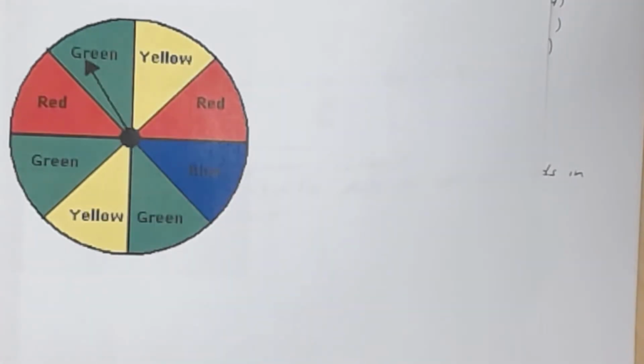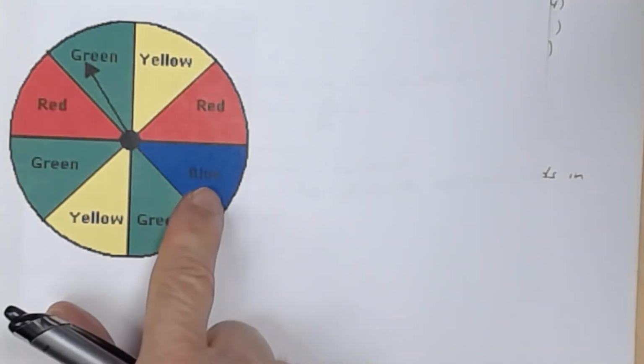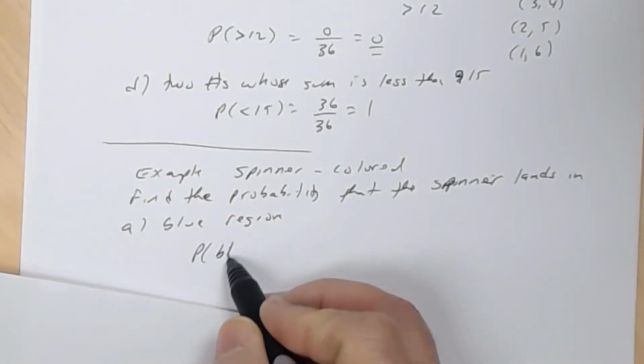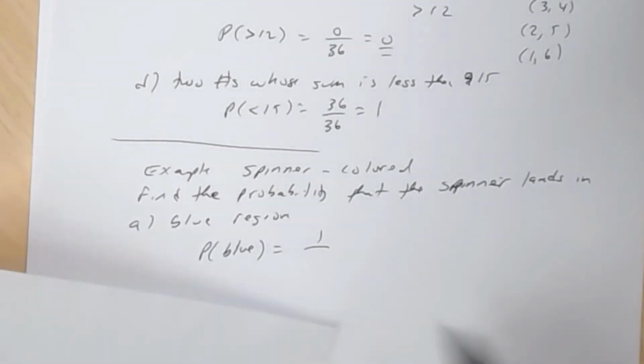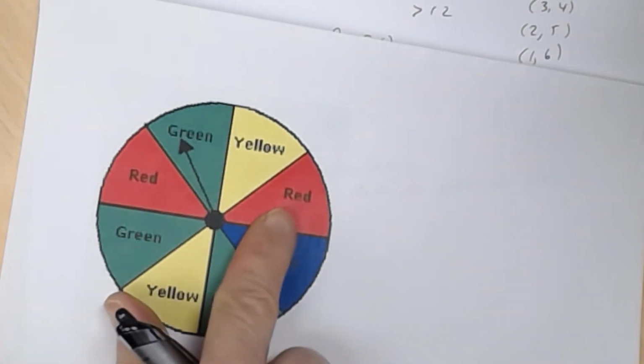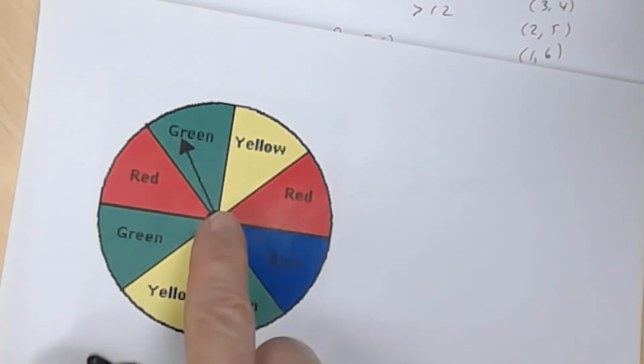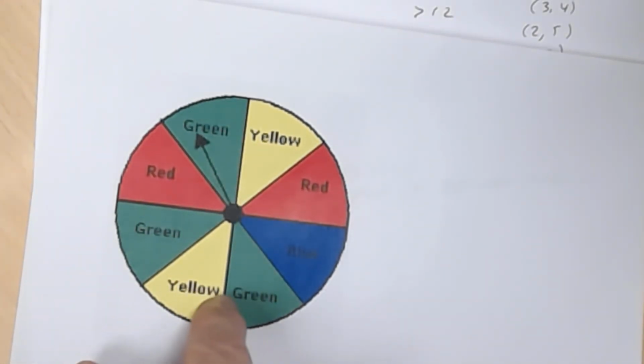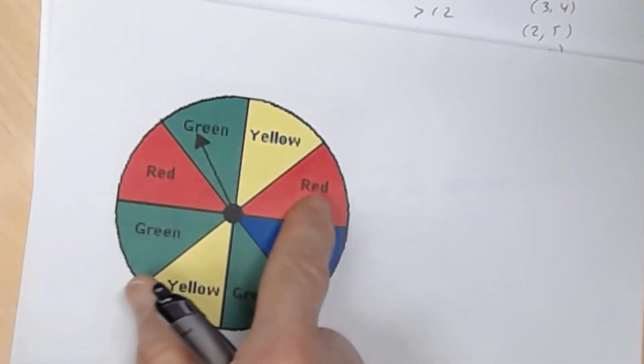How many blues do you see? Just 1. So the probability of blue will equal 1 divided by, now, how many of these do you have? Don't just count red, yellow, green, and blue and say that's 4. Remember, you have yellow, another yellow, 3 greens, 2 reds, and a blue.